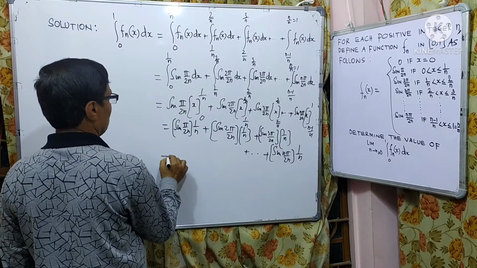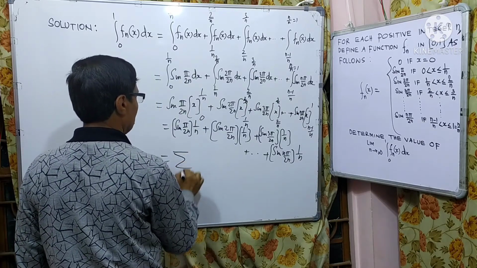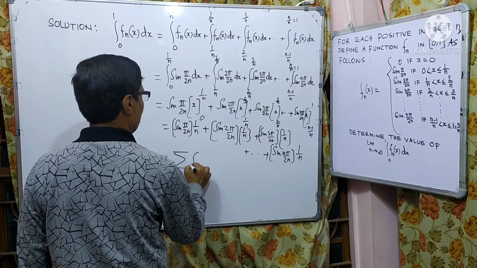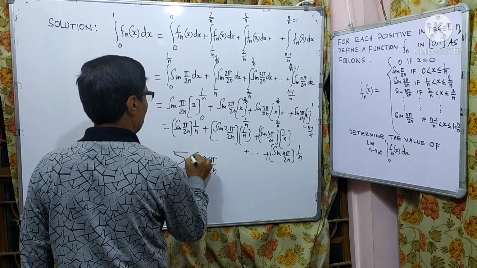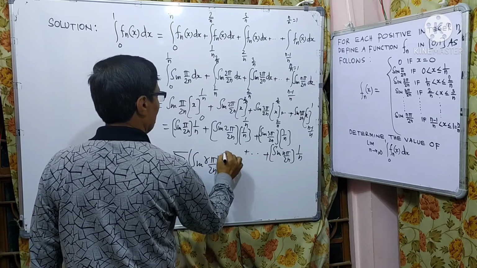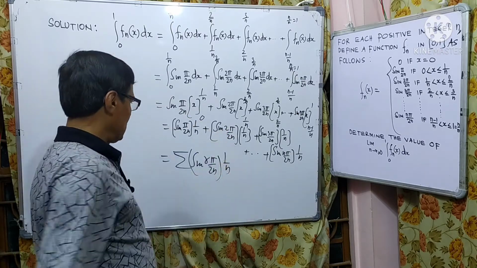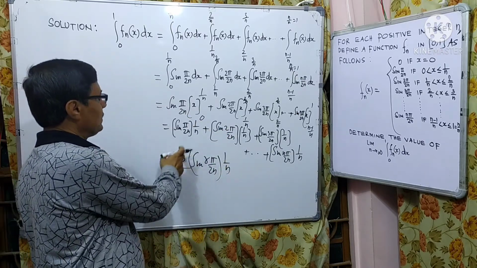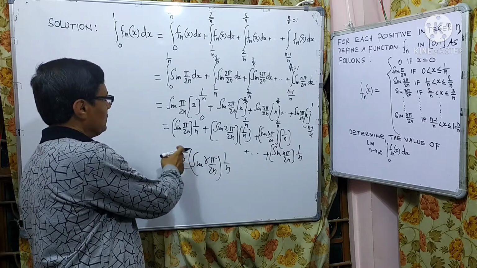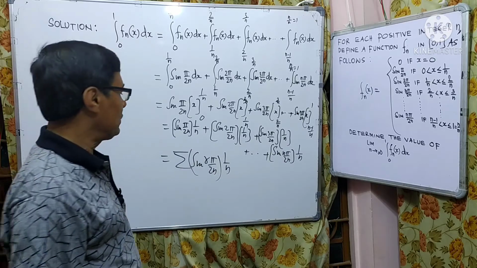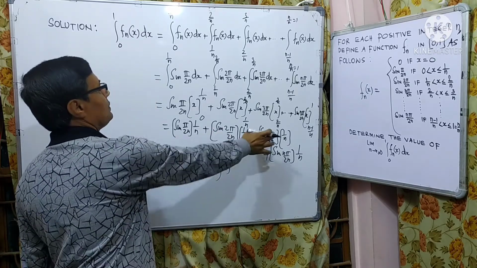So we can write this as the summation of sin r pi over 2n times 1 over n. This sum is written in consolidated form: the summation of sin r pi over 2n into 1 over n.